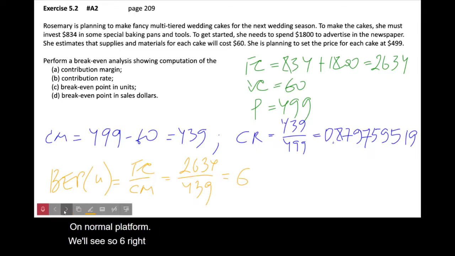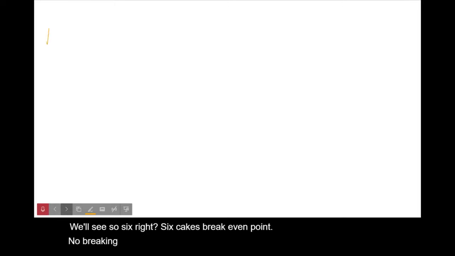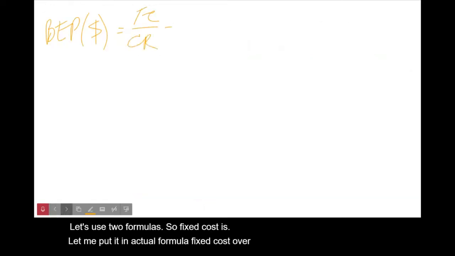So 6, right? 6 cakes, break-even point. Now, break-even point in dollars. Let's use 2 formulas. Fixed cost over contribution rate.